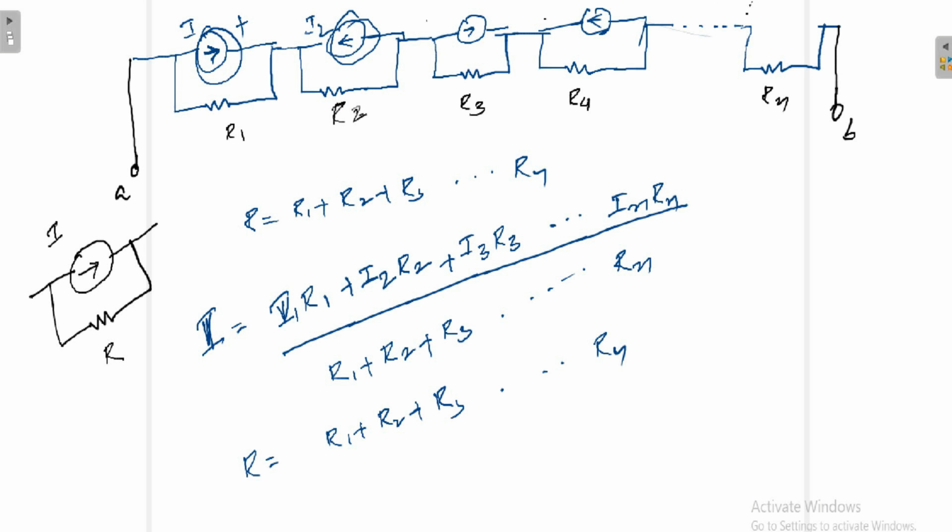So we have plus or minus I1, plus or minus I2, plus or minus I3, through plus or minus In. Here also you have to consider positive or negative values for your currents according to their direction. For the time being, just consider one current direction, and according to that decide the other current values. So like this we apply Millman's theorem to current sources.